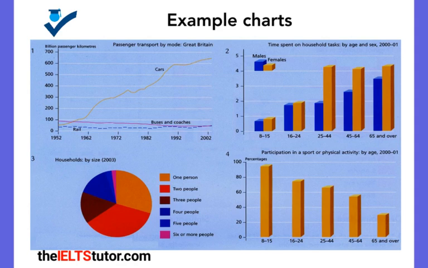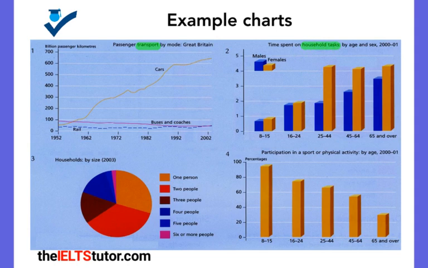So let's take a look at illustration 1. What aspect of life does it talk about? If you say that it's about transport, you are absolutely right. If you can't see it, I'm not really sure how to make it bigger, but yes, it is about transport. What about illustration number 2? What does it refer to? If you say it's about housework, you are absolutely right as well.